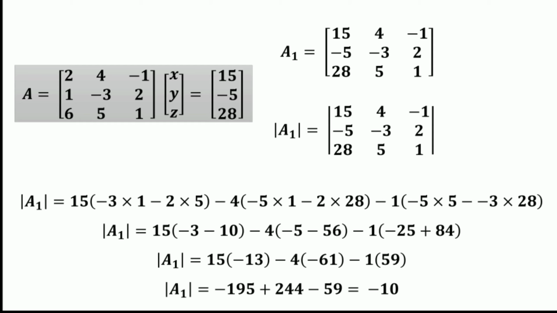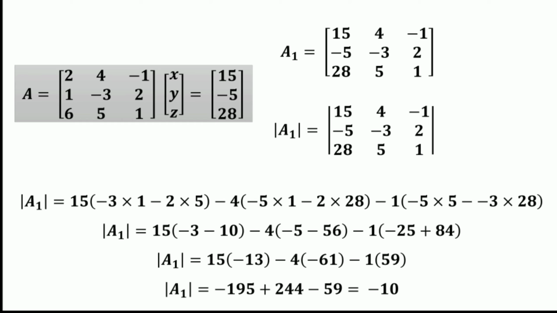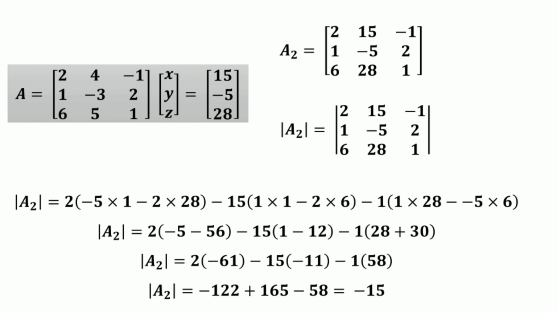So the new matrix A1 is equal to 15, 4, minus 1, minus 5, minus 3, 2, 28, 5, and 1. And after forming it, we have to find the value of the determinant, and the determinant value after solving is equal to minus 10.